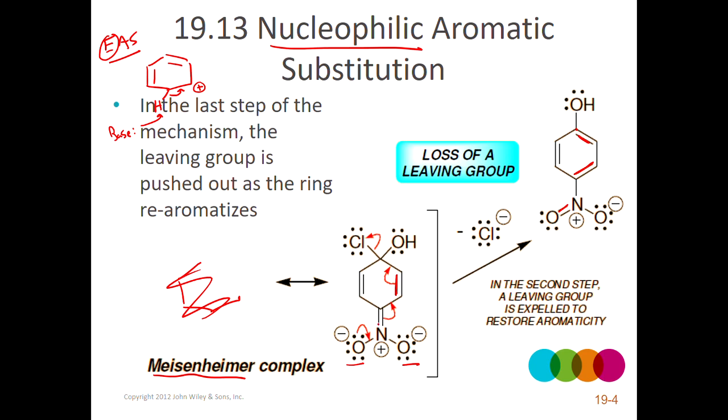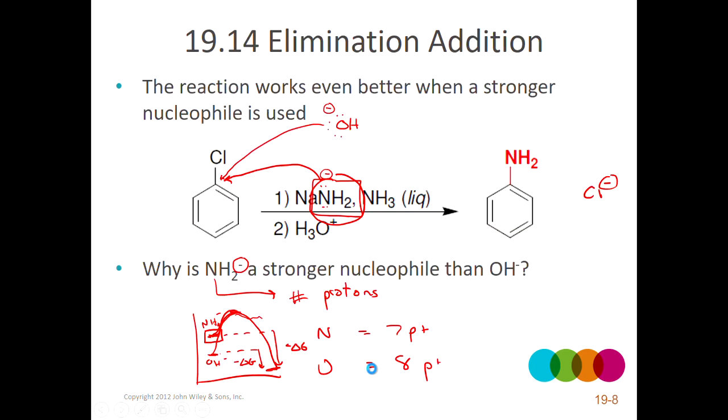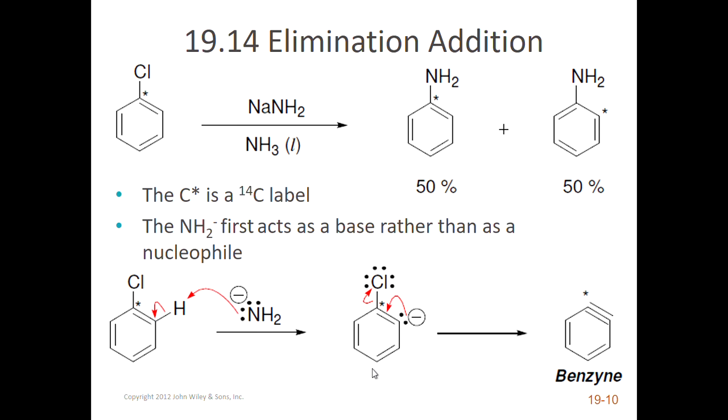If you don't have that electron withdrawing group and you just have a ring with the leaving group, and a strong nucleophile, you end up with a different mechanism from the one we discussed.